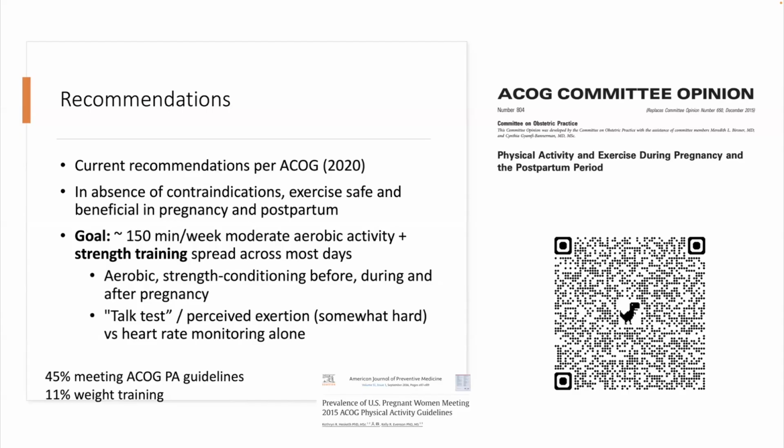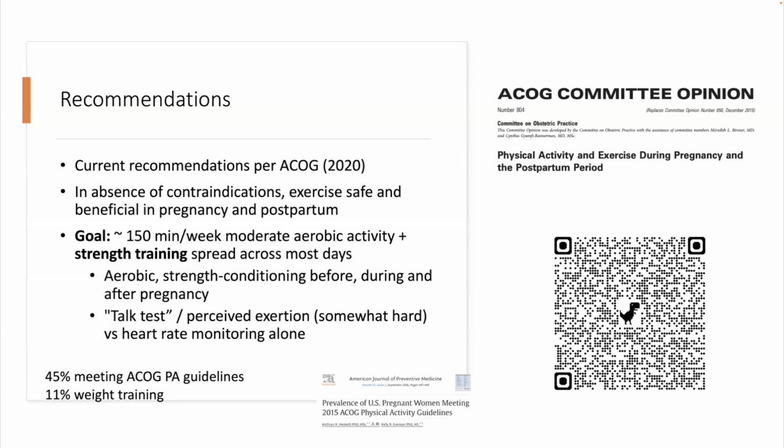During exercise, they should be able to hold a decent conversation. And it's a perceived exertion, right? So we say it should be somewhat hard. It shouldn't be the hardest workout of their life, but of course, that's going to be different for some of the elite athletes. And again, the 150 minutes is just your standard regular pregnant person who's asking advice on exercise.